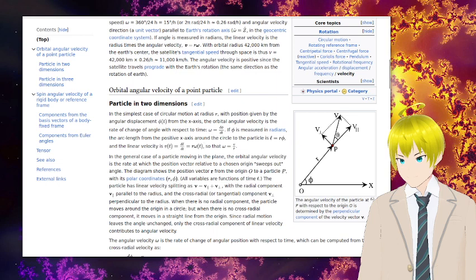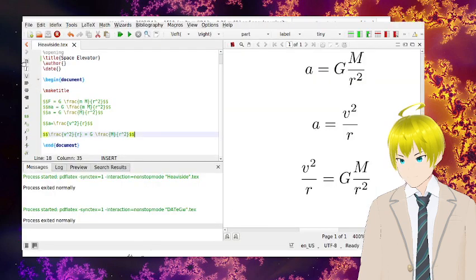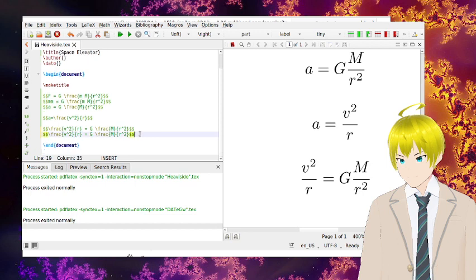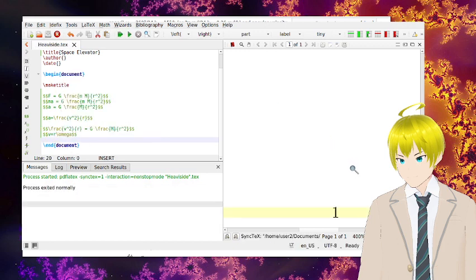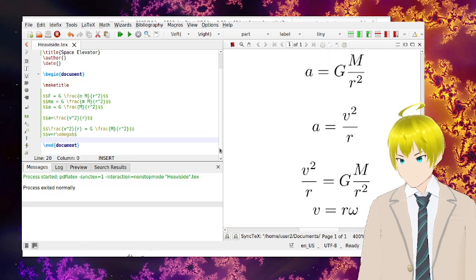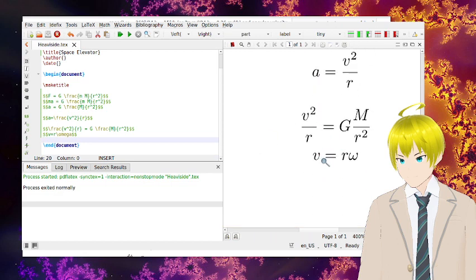Anyway, let's plug that in here. V equals r omega over here on the right, and we can plug that in over here on the left.